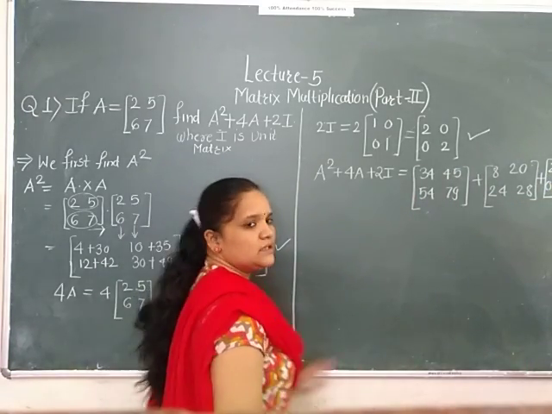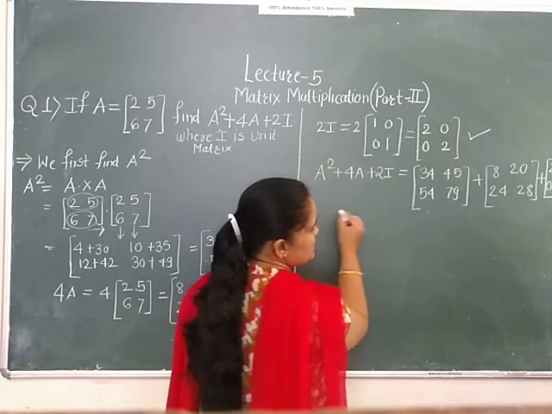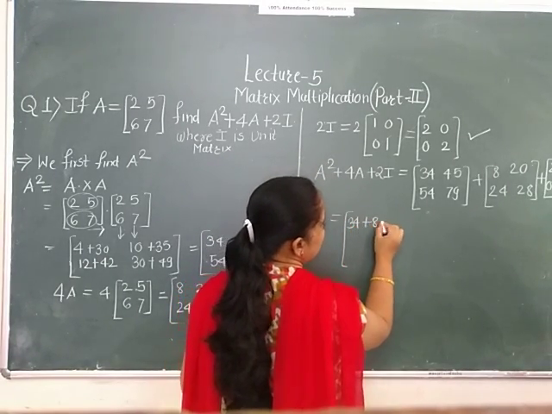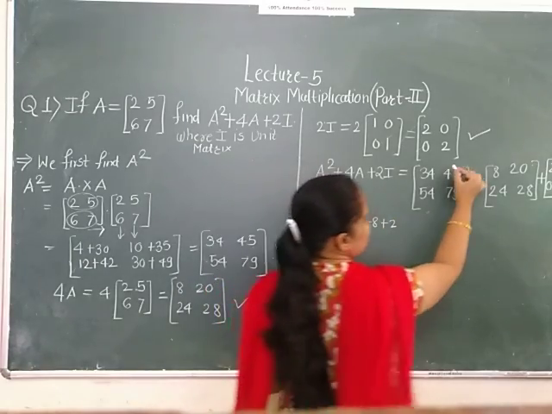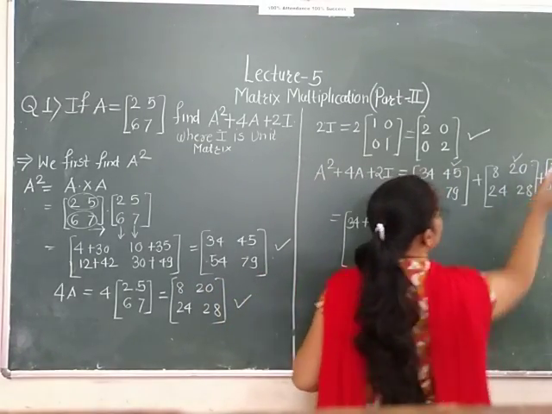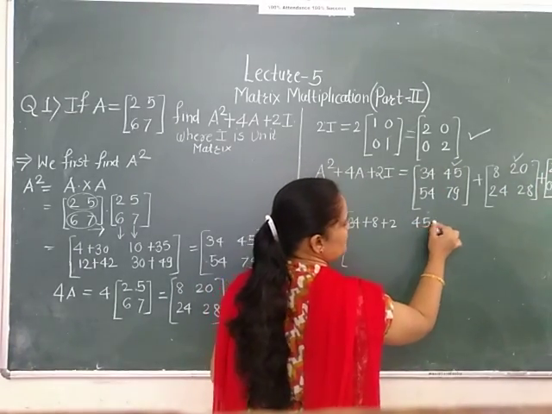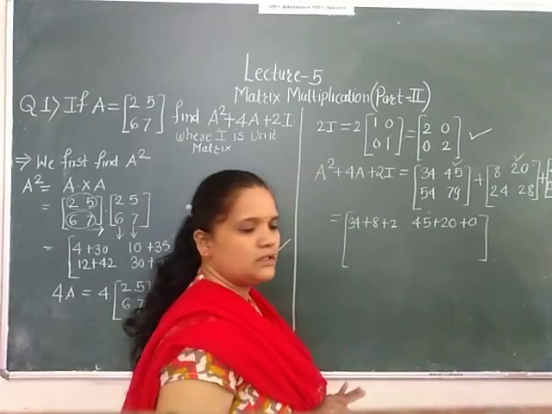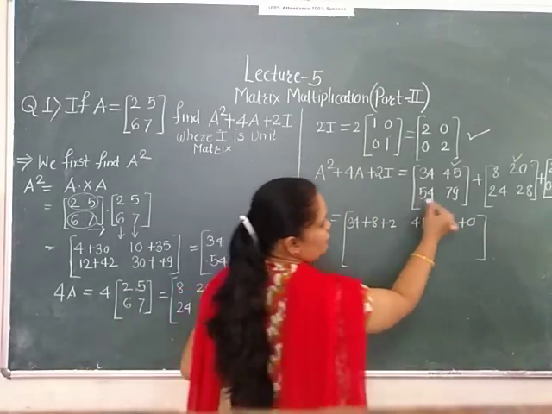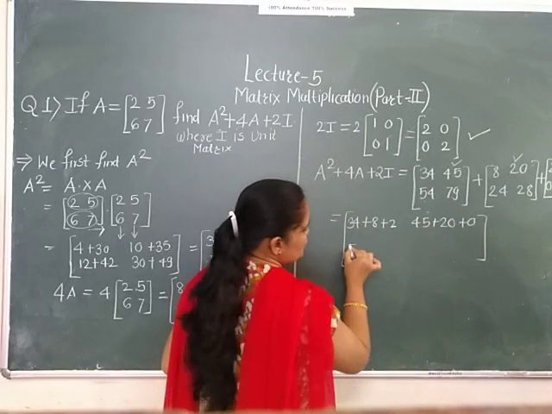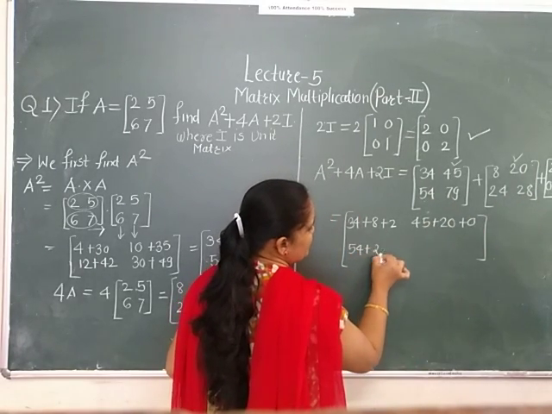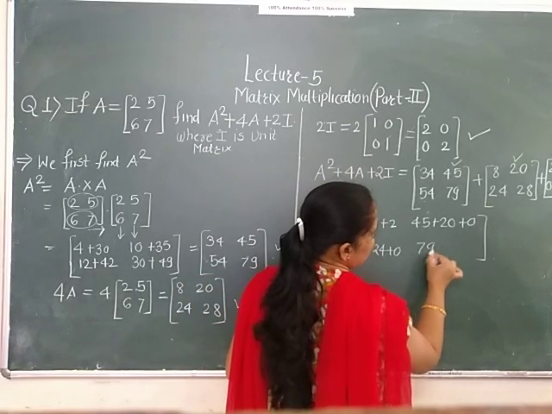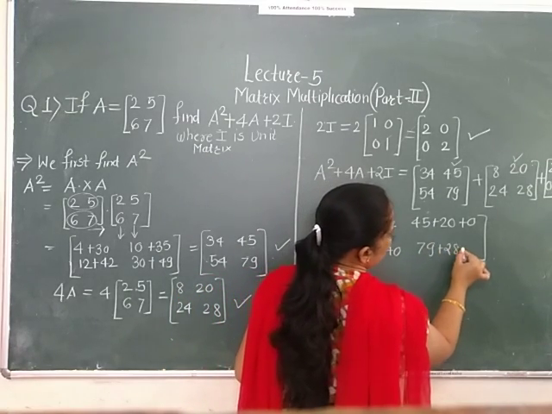Then add these three matrices here. So 34 plus 8 plus 2, then 45 plus 20 plus 0. Come to the second row now. 54 plus 24 plus 0, and finally 79 plus 28 plus 2.